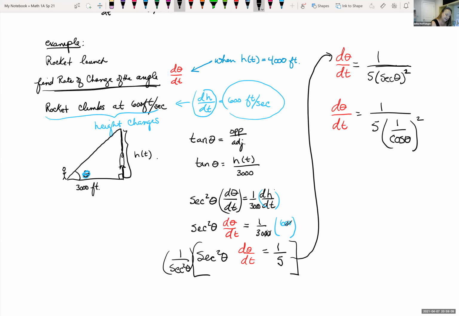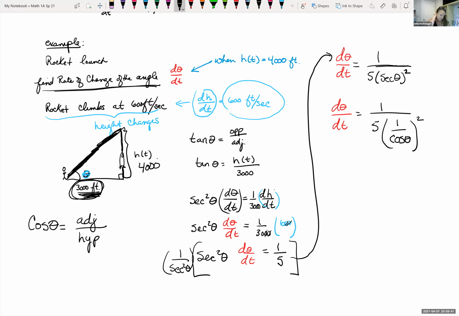Cosine theta is not opposite, it's adjacent over hypotenuse. I know what my adjacent side is. I need to figure out what my hypotenuse is. We know what the height is. It's going to be 4,000 here. And I know that this is 3,000.